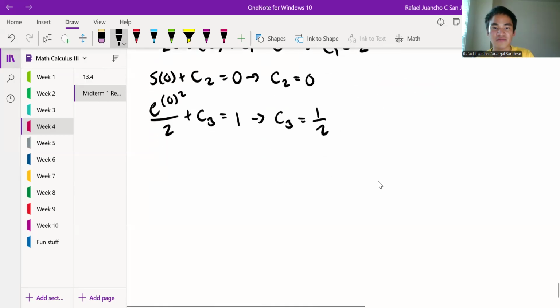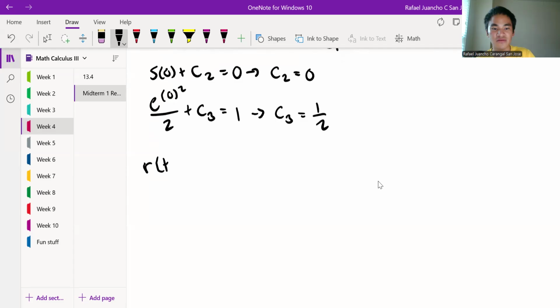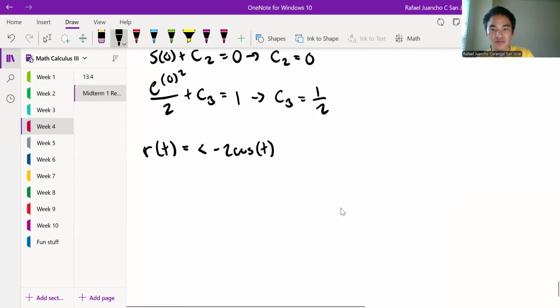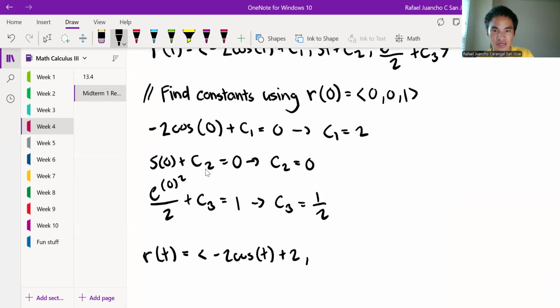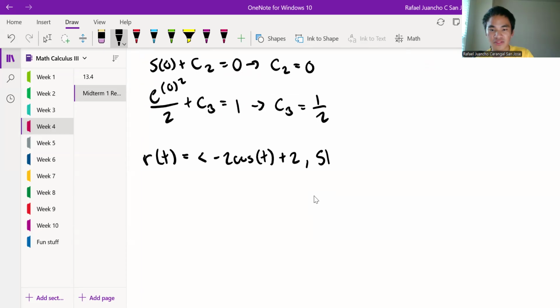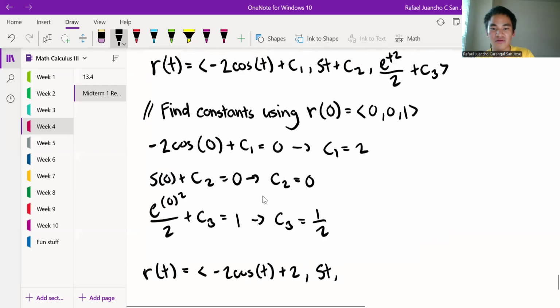And now we have our vector function here. So my r of t is negative 2 cosine of t, and instead of adding our constant, we add the value we got from it, which was 2. Next thing is we have 5t plus c2. c2 is 0, so we just say 5t for our y component.